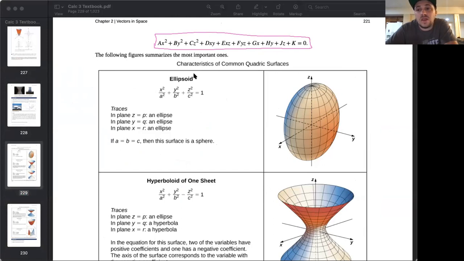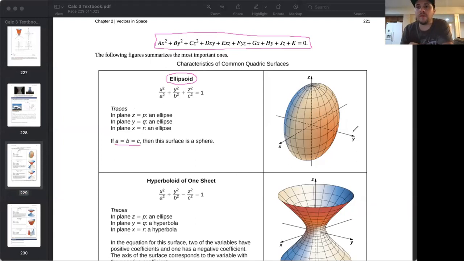We've seen cylinders and we've seen spheres, and spheres are a subset of ellipsoids. If A, B, and C are all the same number, then this surface is a sphere. And an ellipsoid is basically an oblong ball in 3 dimensions.